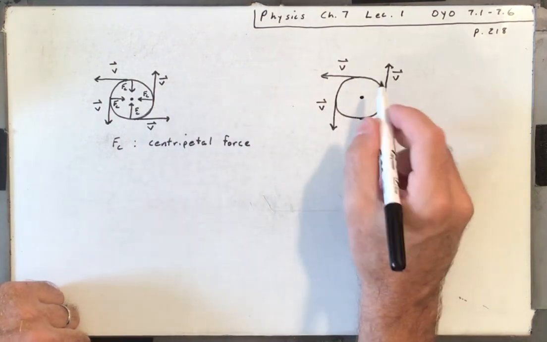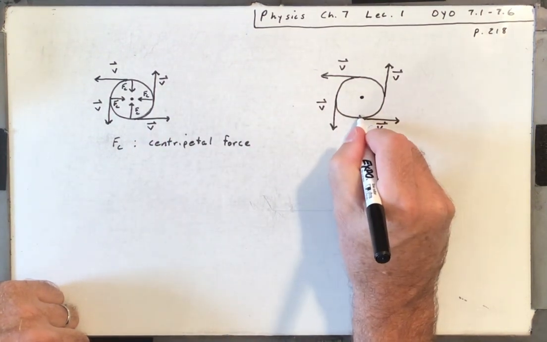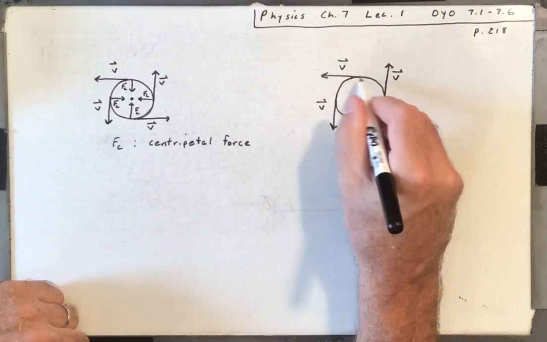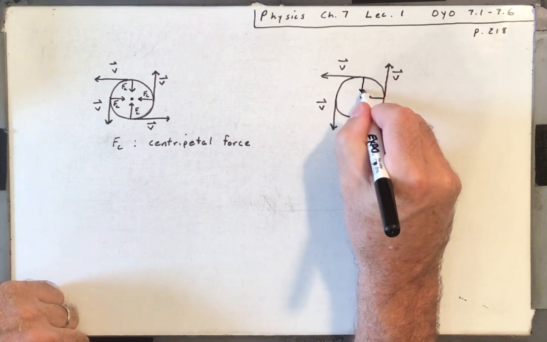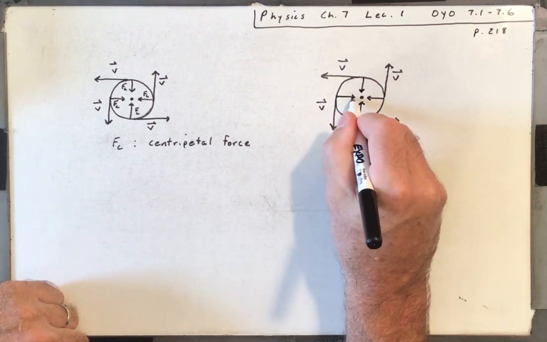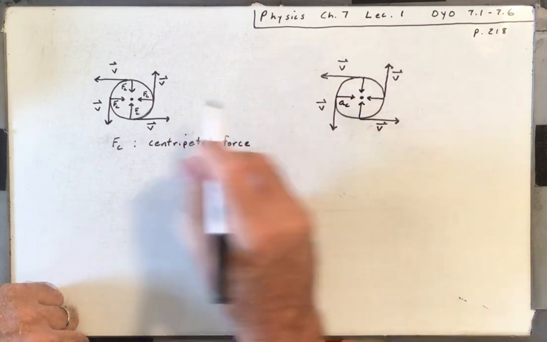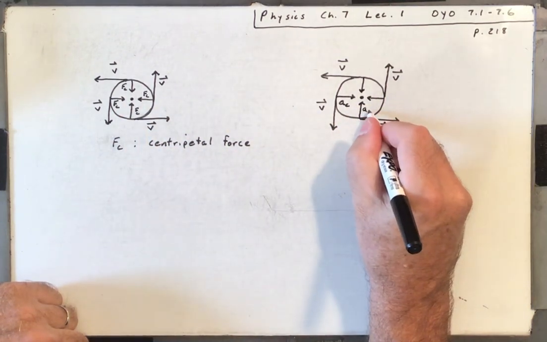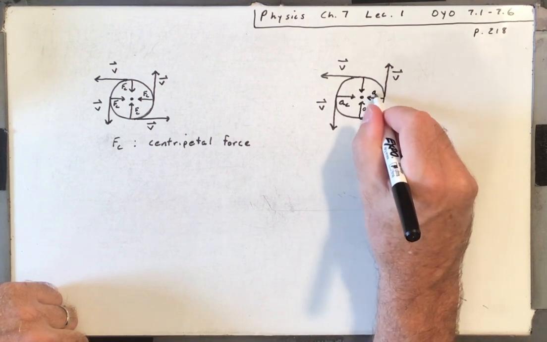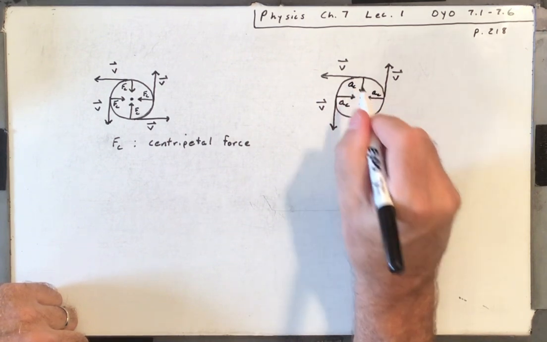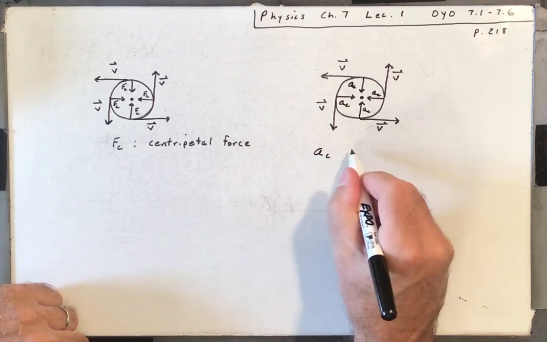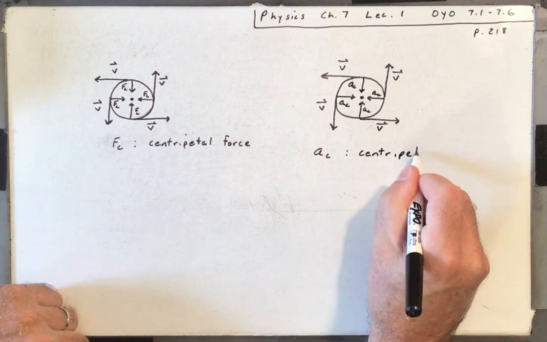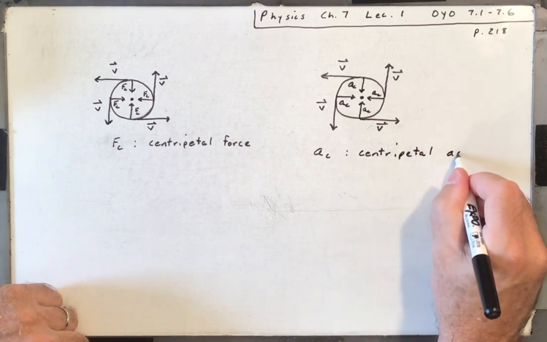Just like centripetal force, centripetal acceleration vectors point towards the center of the circle. So we call that A sub c. A sub c is centripetal acceleration.